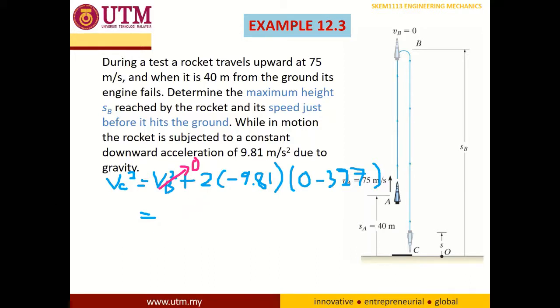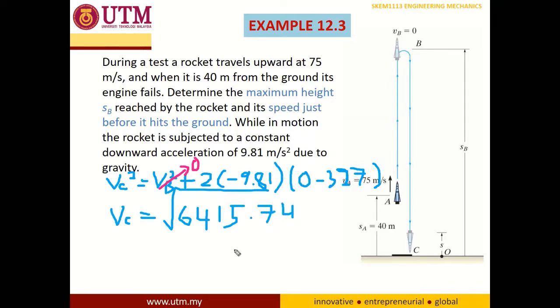VC squared equals 2 multiplied by minus 9.81 multiplied by minus 327. So VC is the square root of 6415.175.